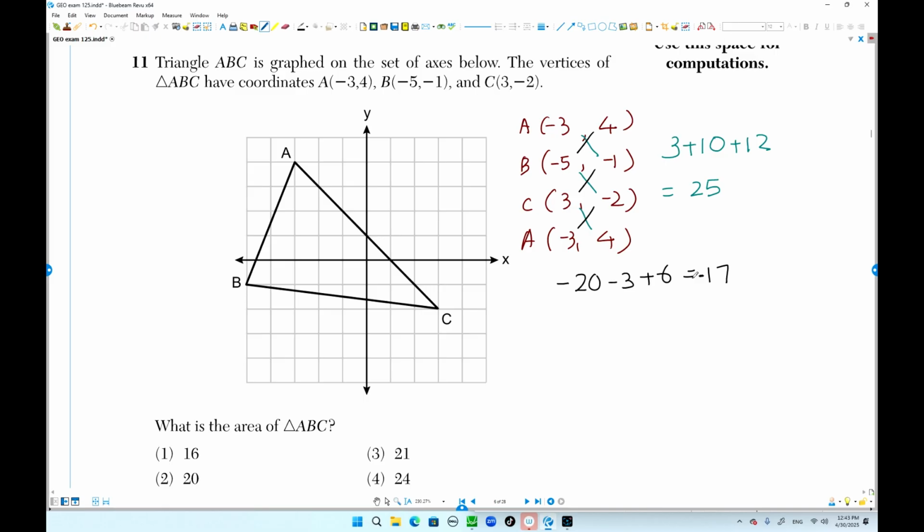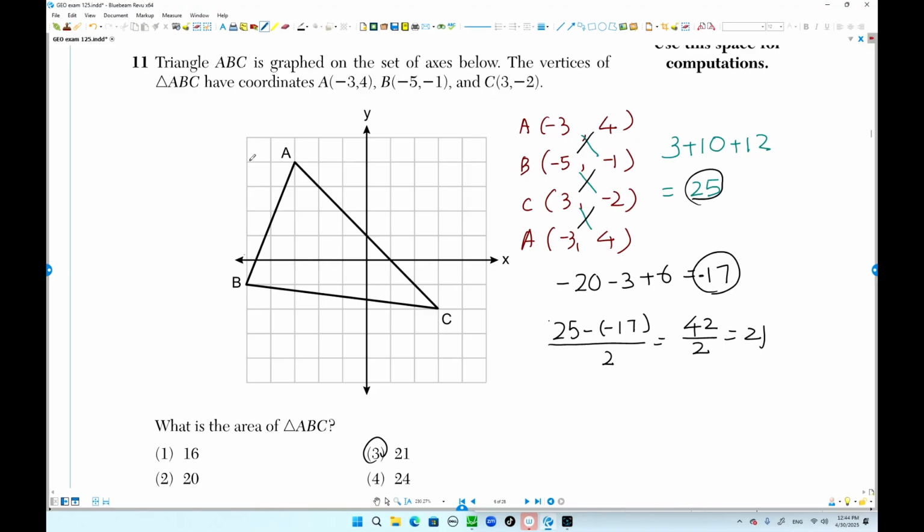So we have 25. Over here, this one minus this one, right? So 25 minus negative 17, over 2. How much is this? 42 over 2 equals 21, okay? That's the answer.